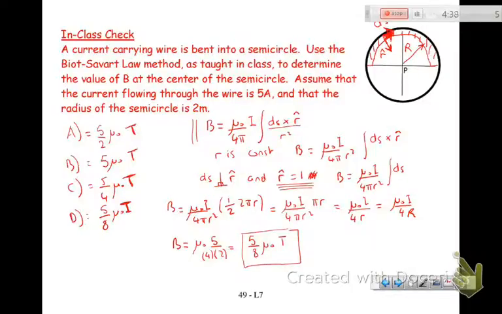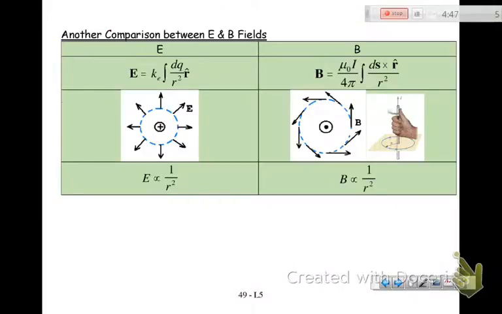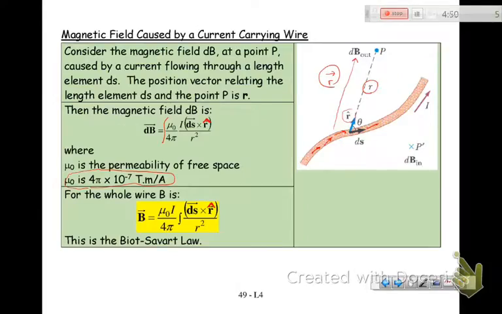Something that was pointed out by one of the classes, that if you look back at my old notes, and this is all down to me, I had r with an arrow on top rather than r hat, and it should be r hat. So that's a source of confusion. So please make sure you go back and change that. I've just not noticed that. All these times you just fly over it.